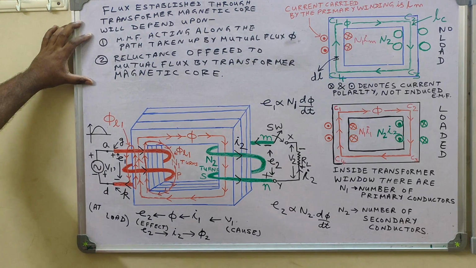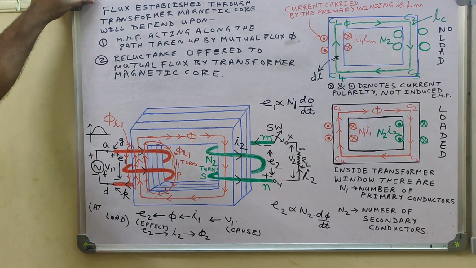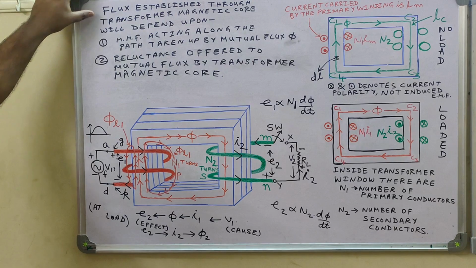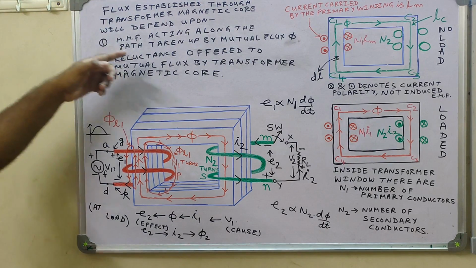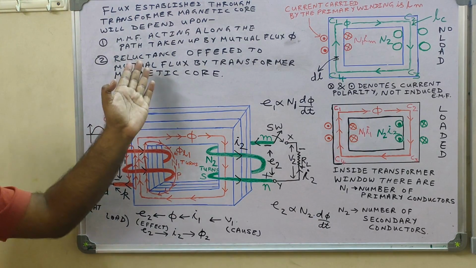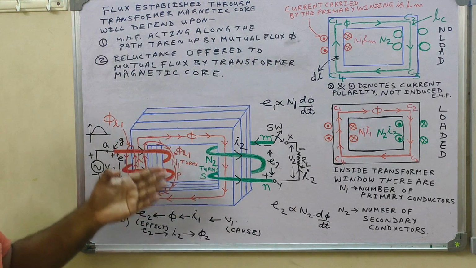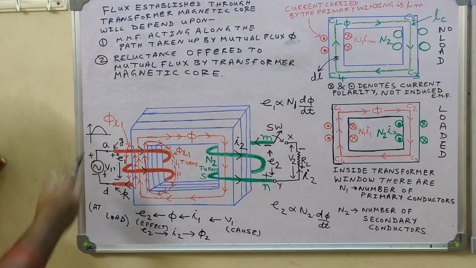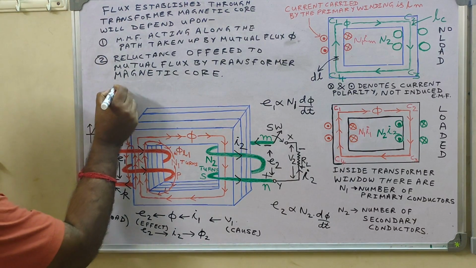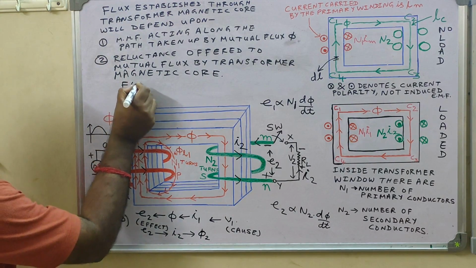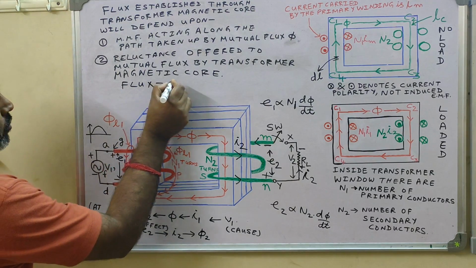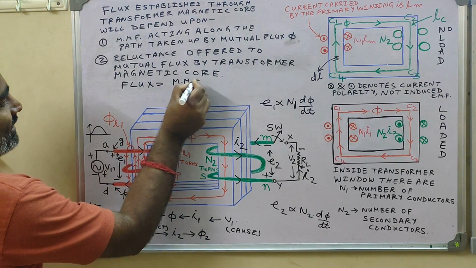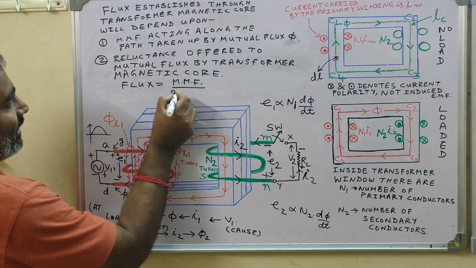Obviously this is a very basic thing, that flux established through the transformer magnetic core will depend upon two factors: MMF acting along the path taken by the mutual flux phi and reluctance offered to the mutual flux by the transformer magnetic core. Actually, instead of saying these two lines, we can simply write flux equals magnetomotive force, that is MMF, divided by reluctance.